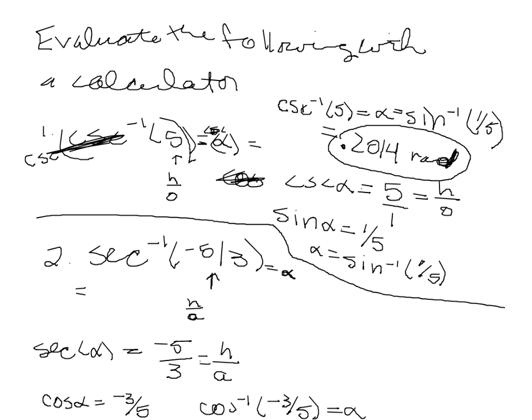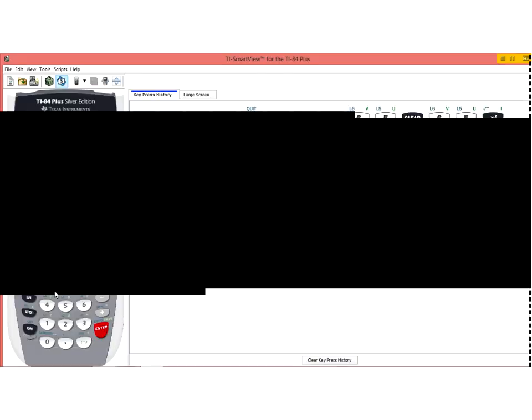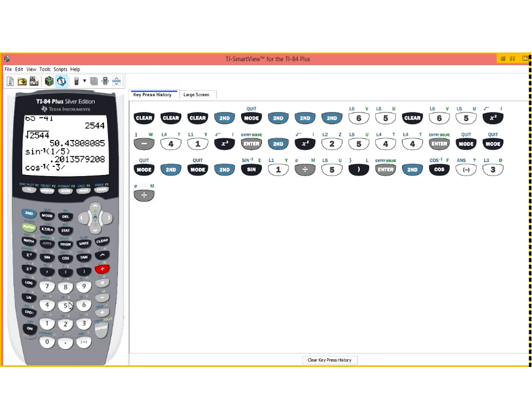So inverse secant of minus 5/3 is the same as inverse cosine of minus 3/5. And the output's going to be an angle measure. So I go back to my calculator, and I take inverse cosine of minus 3/5.